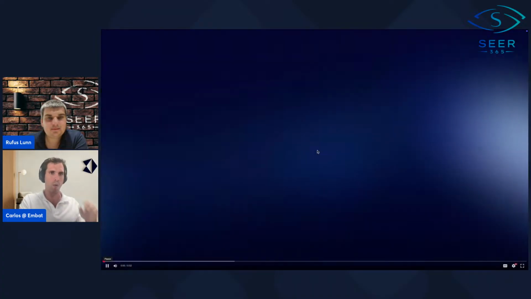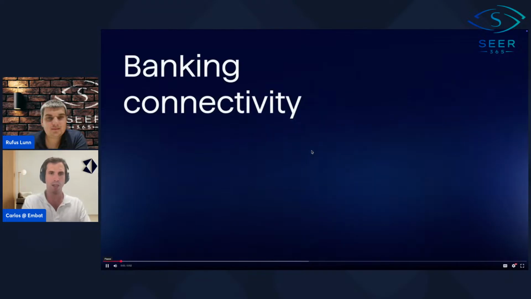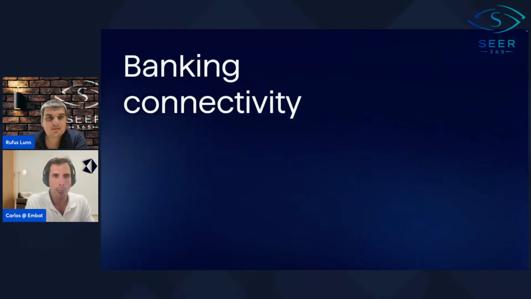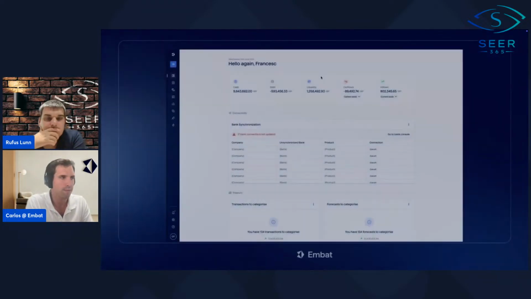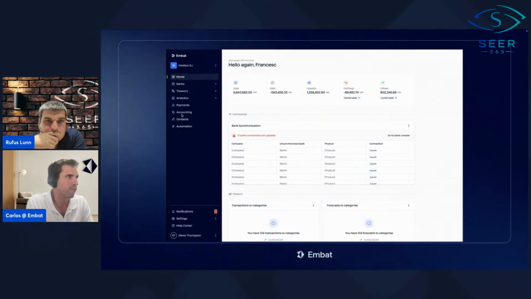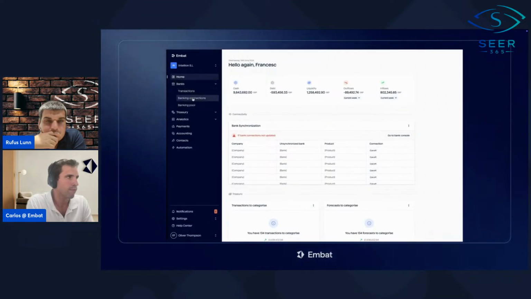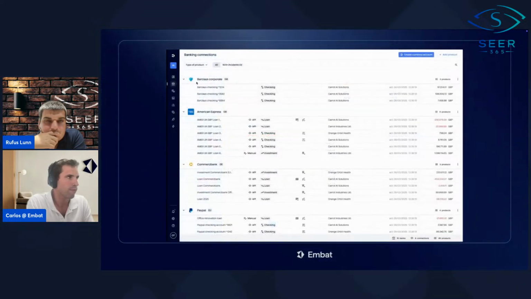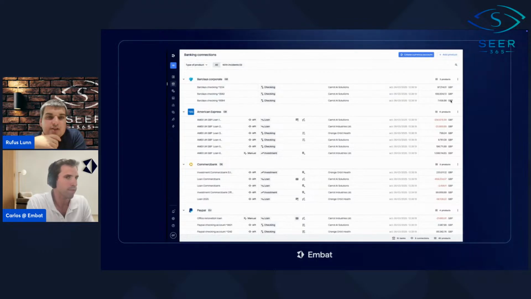Okay, we'll start with our banking connectivity. So this is showing all of the different connections into some different major banks.